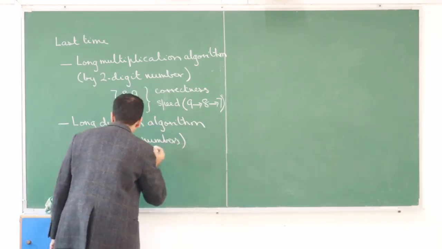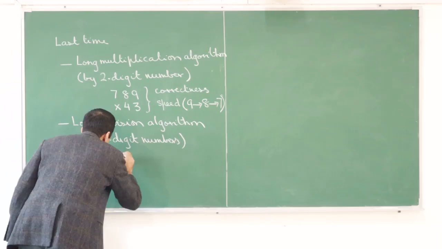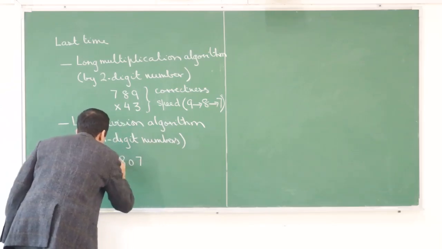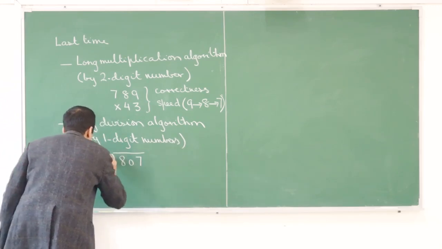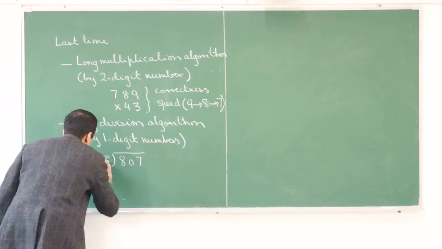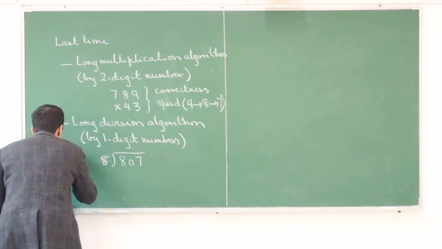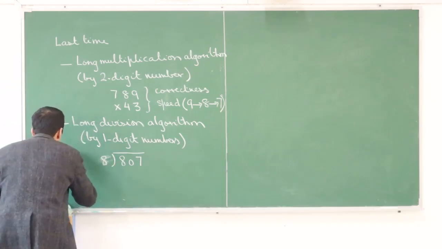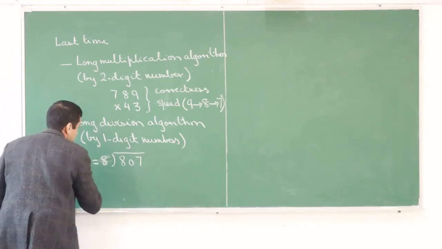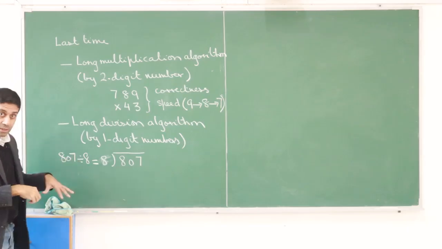As an example, we could take maybe 807 divided by 8. Let's just divide by 8. So we wrote 807 divided by 8, and then we worked through that algorithm.